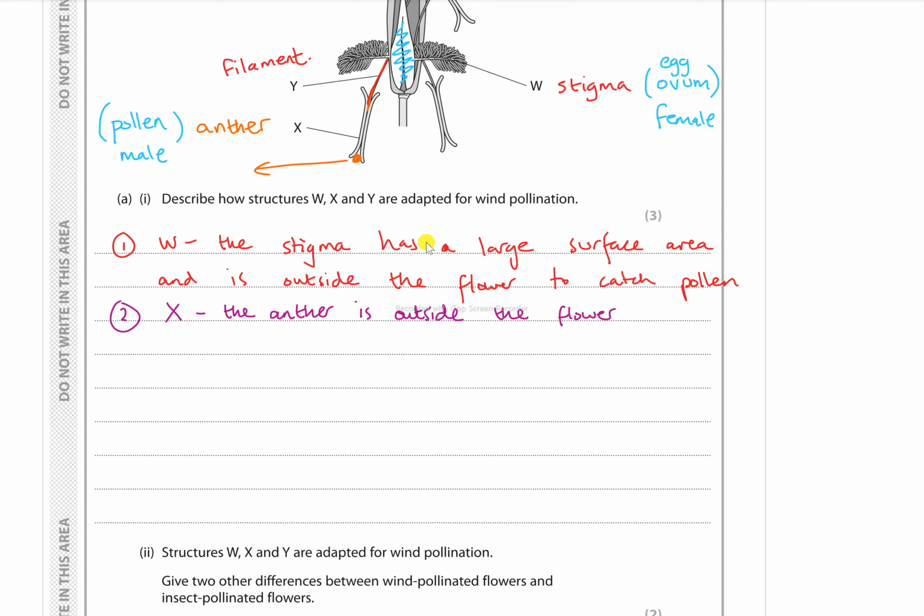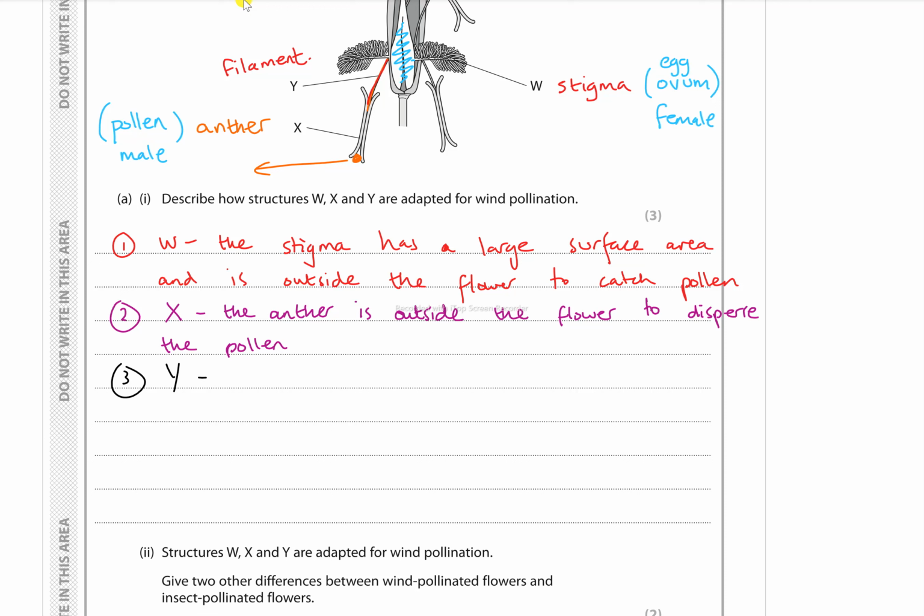So remember, these will have small flowers. The anther is outside the flower to disperse the pollen. Last one. Y is the filament.